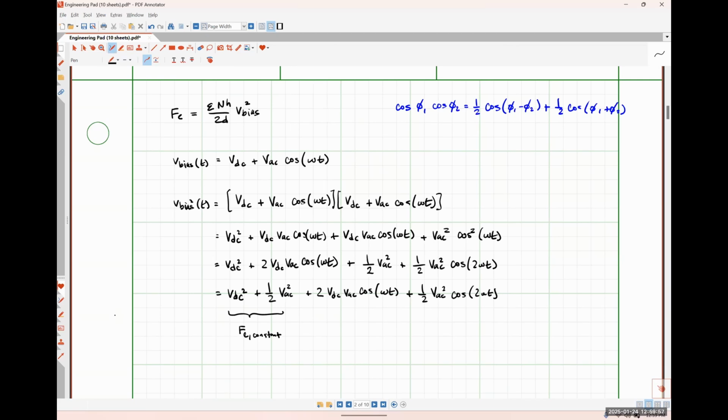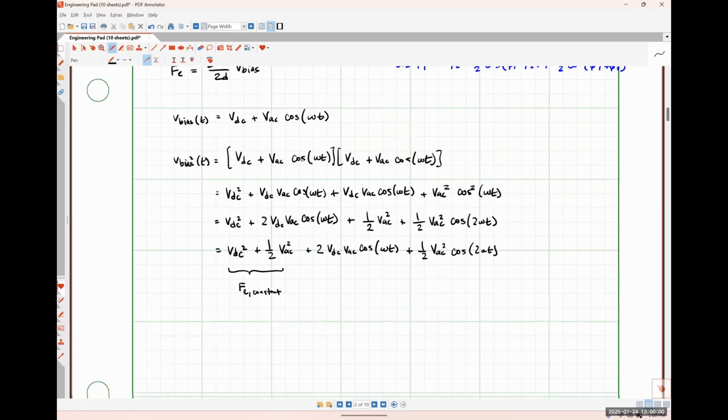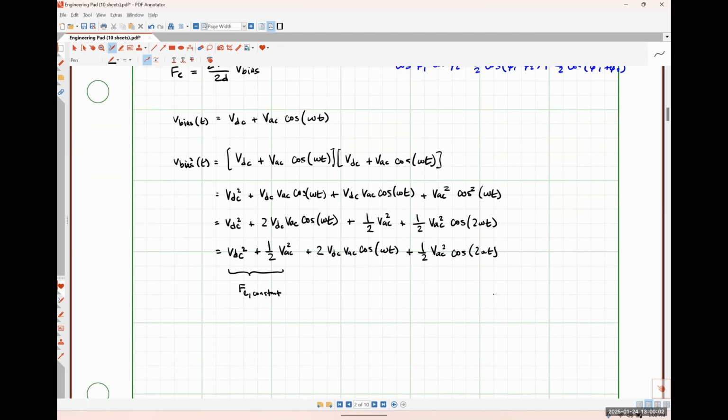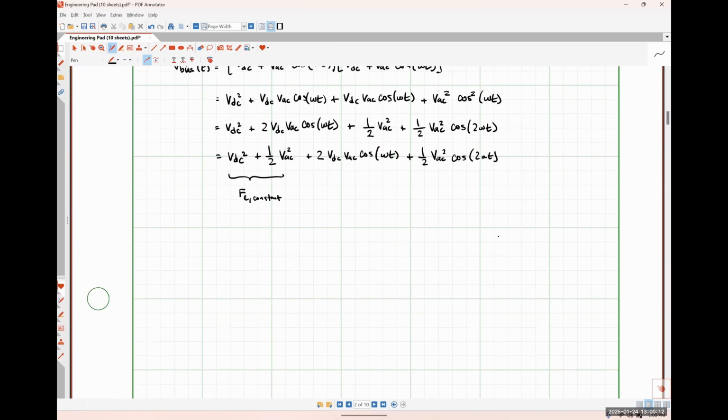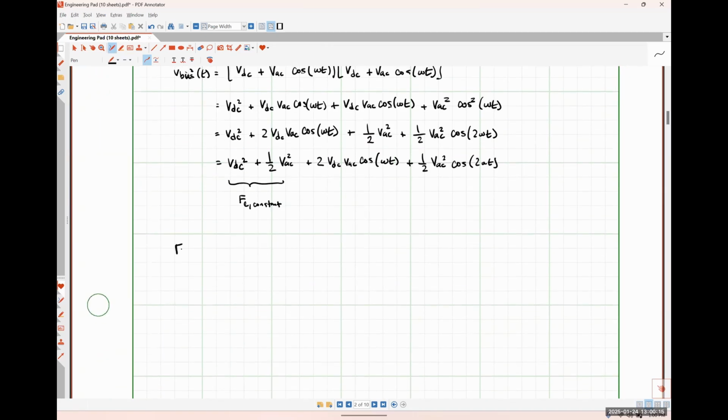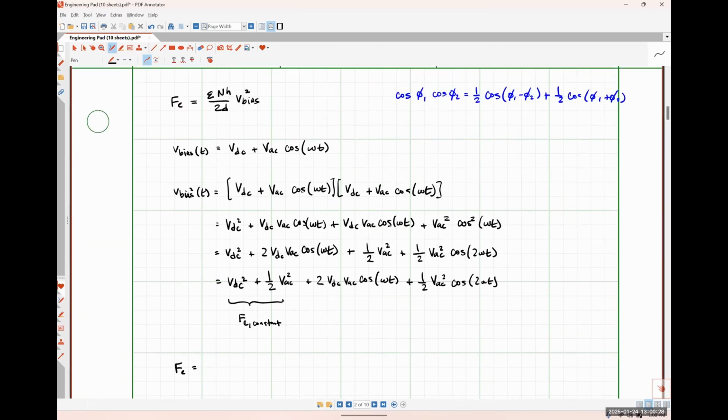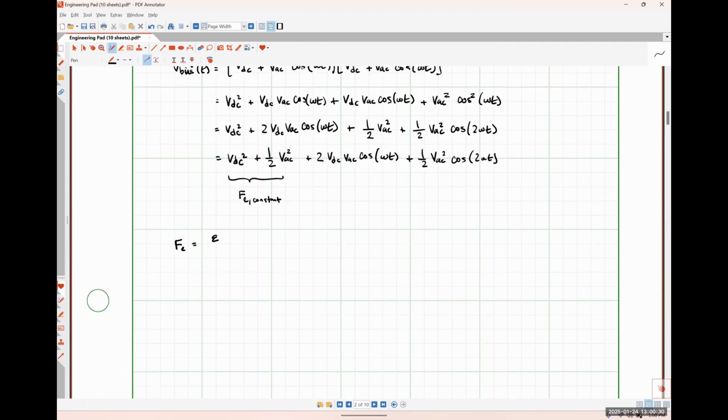Let me think about how to put this. Essentially what we would see for our electrostatic force generated by our capacitive comb drive transducer would be epsilon NH over 2D.